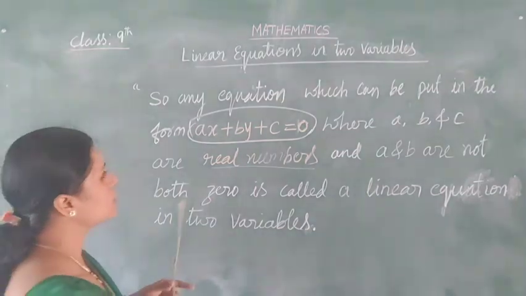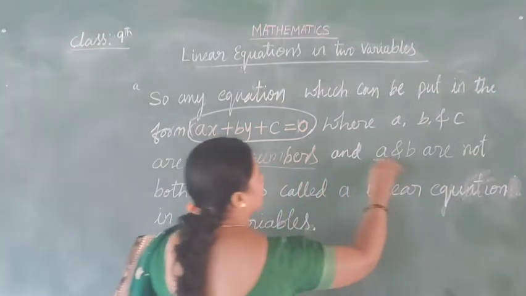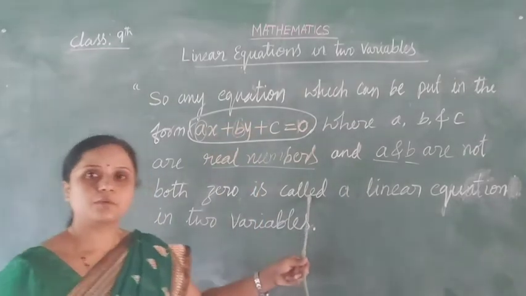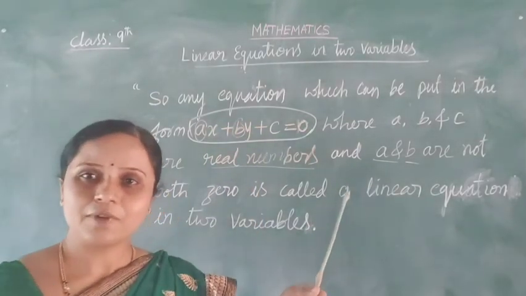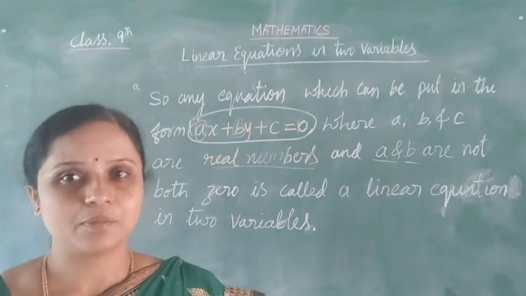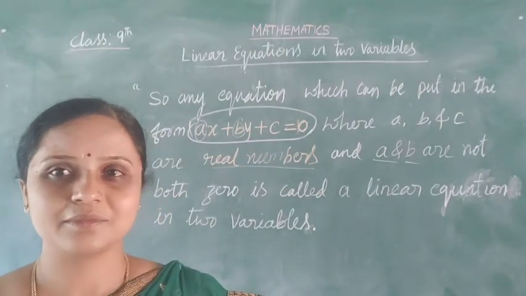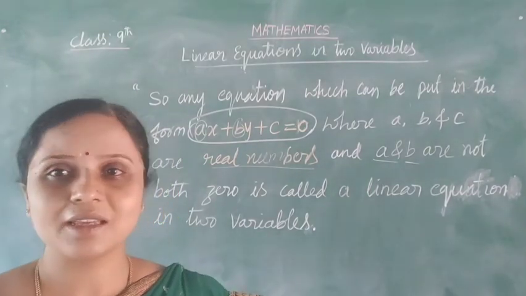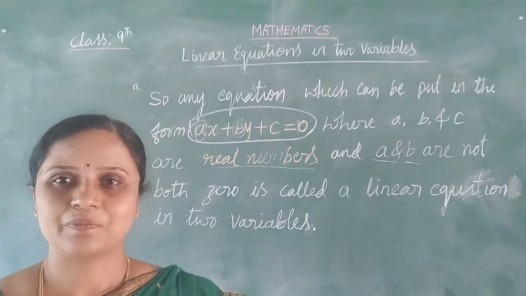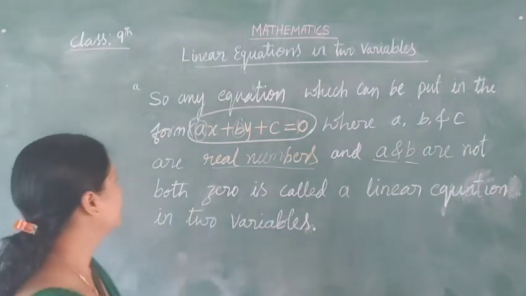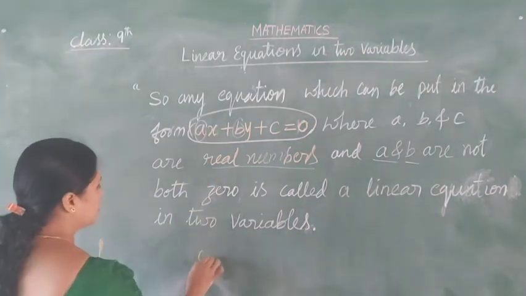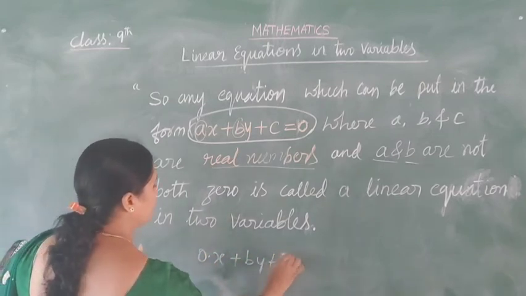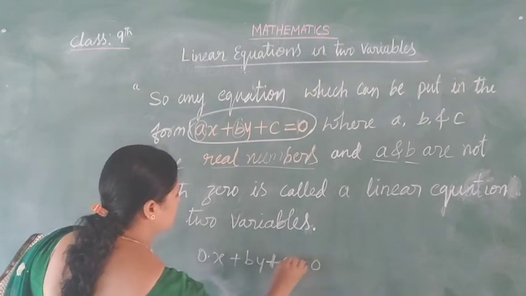And one more condition is there. This a and b are not both 0. If a is 0, what happened? If b is 0, what happened? If either one is 0, this is not a linear equation in two variables. Otherwise it is one variable. Suppose a equal to 0, so 0 into x plus by plus c equal to 0.